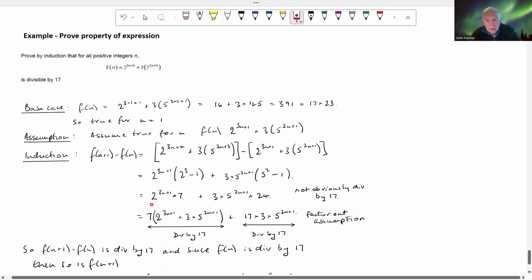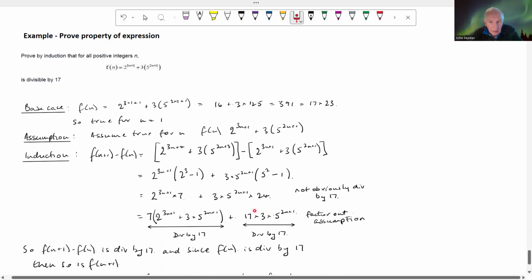Now we'll look at this. This is not obviously divisible by 17. Some of these simpler ones, we'll actually be able to see that we can factorize out 17 or whatever property we want. We can't obviously do that here.